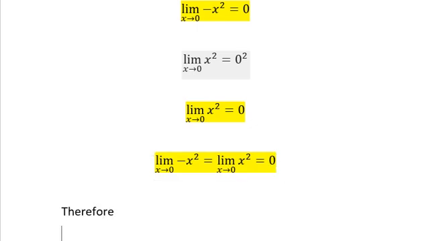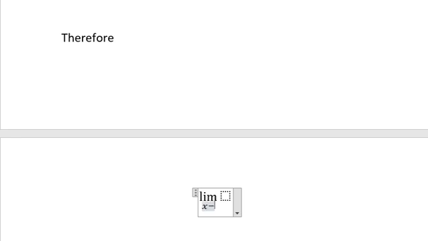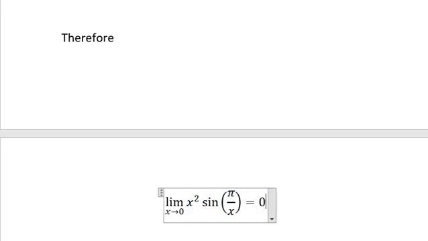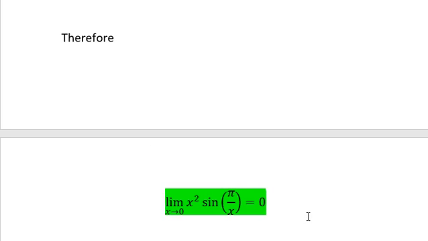Therefore, the limit as x approaches 0 of our function x squared times sine of pi divided by x will be equal to 0 too. And this is our answer. This is how we solve this problem by using the squeeze theorem.